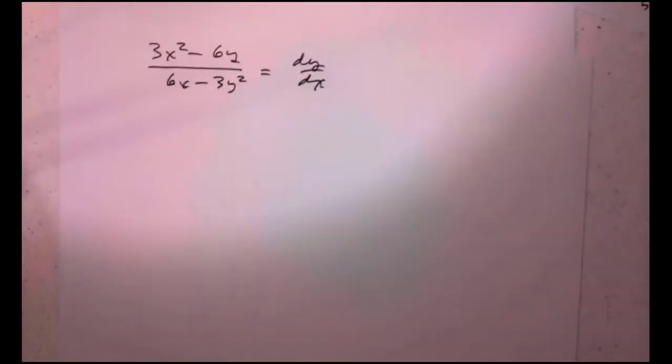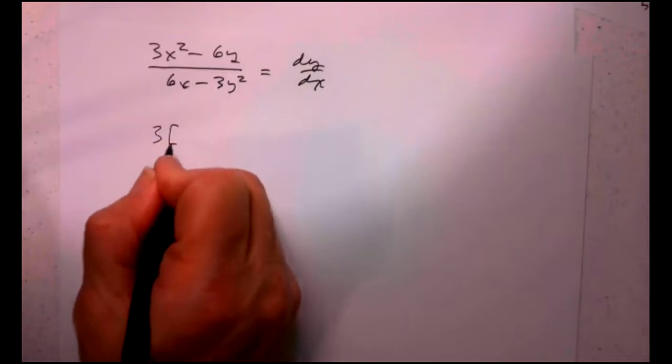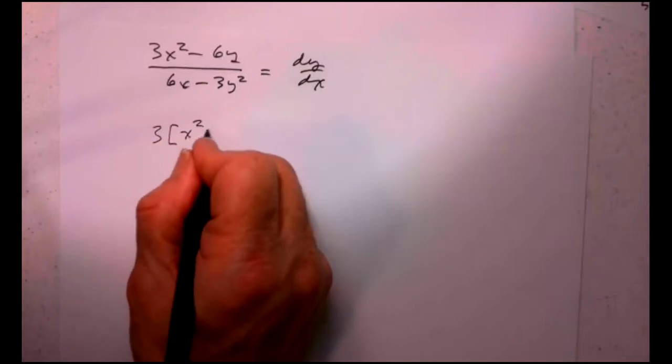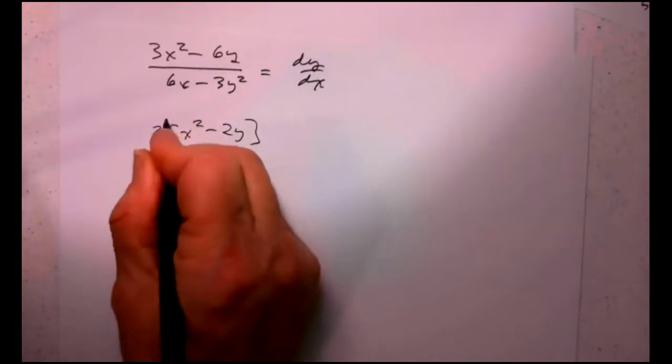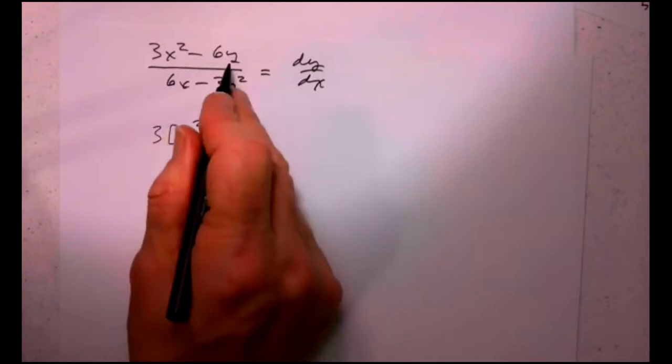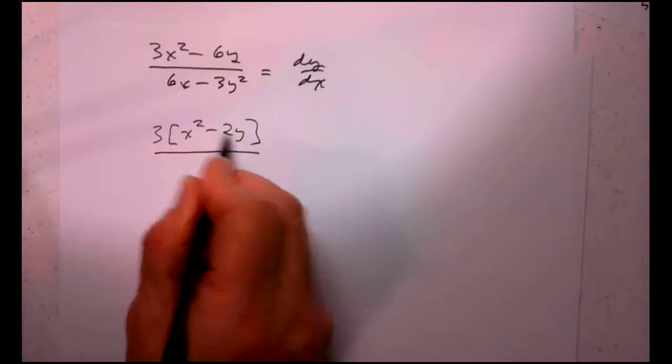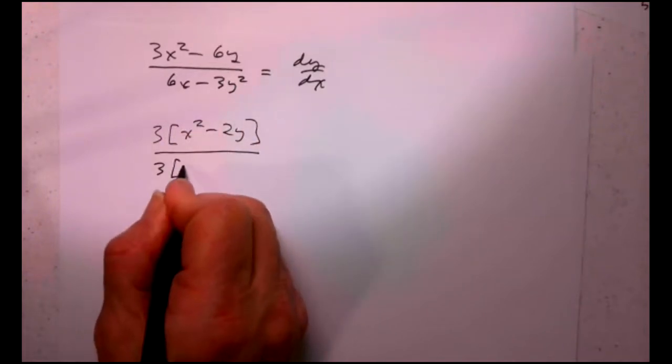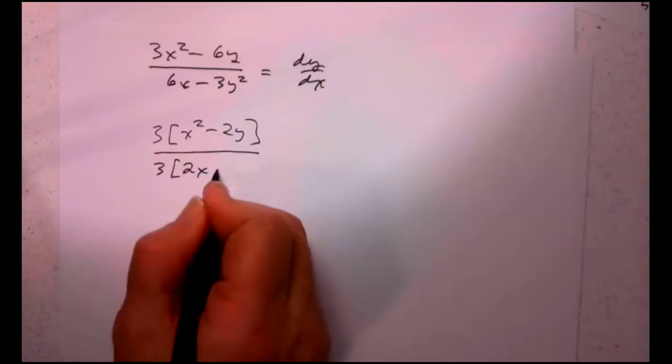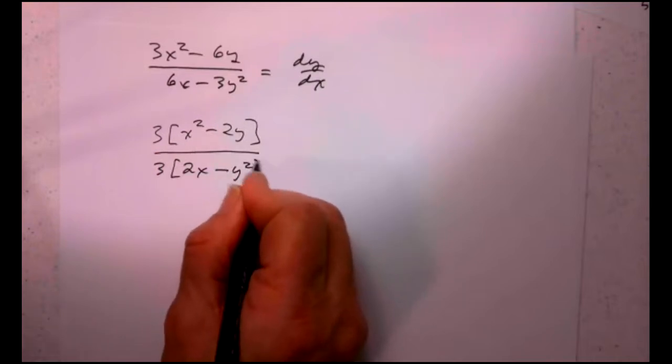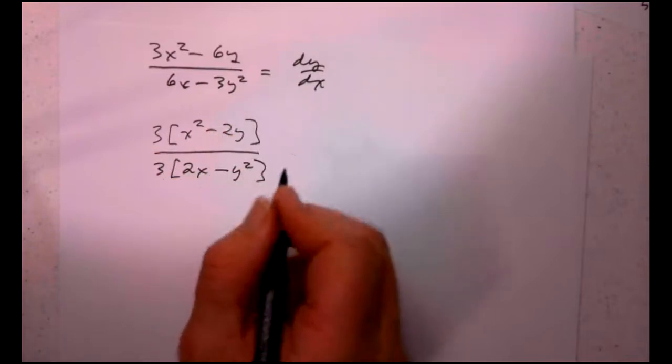And let's just clean this up ever so slightly by recognizing I can divide out a 3. If I divide a 3 out on top, 3 times x squared minus 2y, just to check, 3x squared, check, 3 times 2, 6y, check. On the bottom, divide out the 3, and I get 2x. 3 times 2x is 6x, minus 1 times y squared. 3 times y squared is 3y squared.